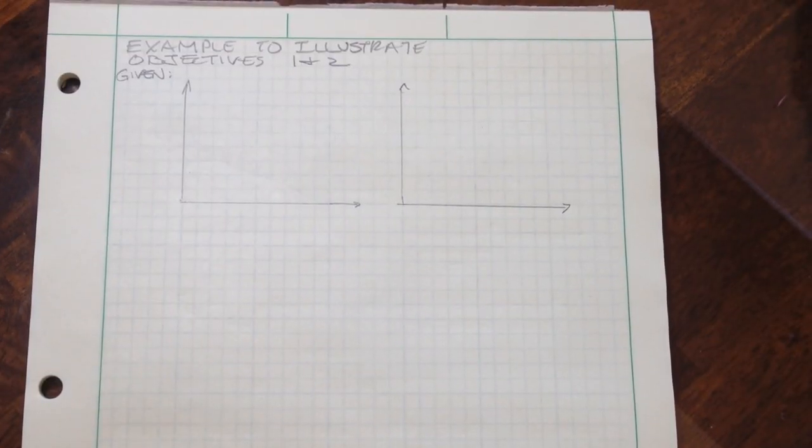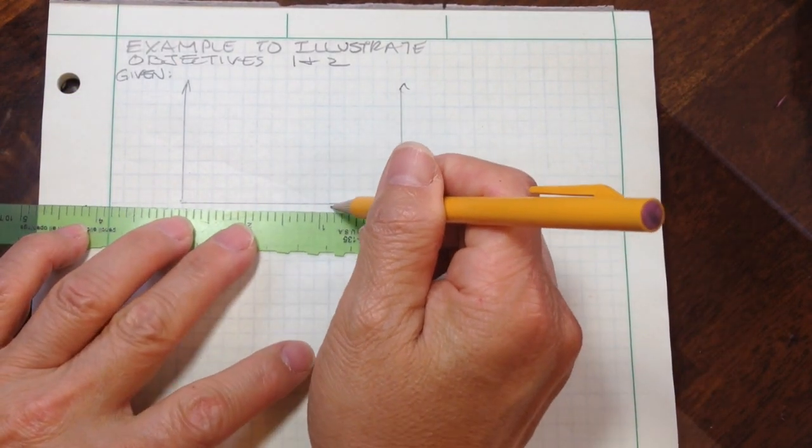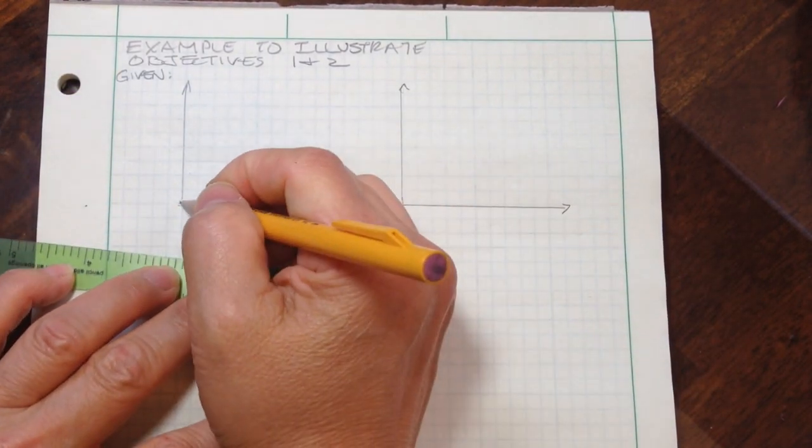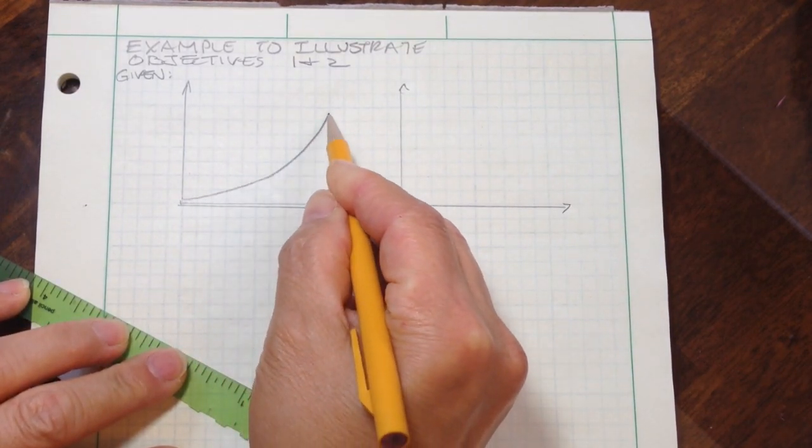So here's an example to illustrate objectives 1 and 2. Suppose we're given a beam here, and it's subjected to a loading function that looks something like this.